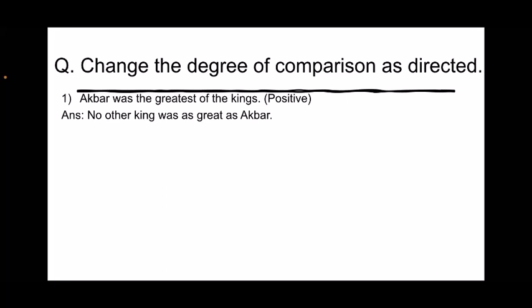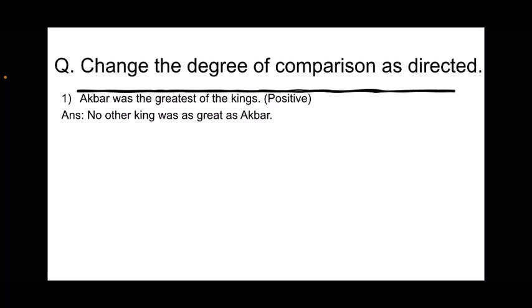So when we're changing from superlative to positive, first we will identify the adjective. The adjective was greatest. Greatest, if we have to write in positive form, we will use the word great. And as we discussed earlier in the video, positive degree we will find that it is as plus adjective plus as.